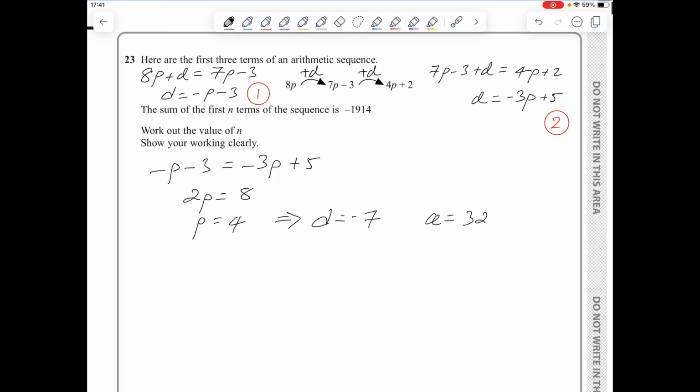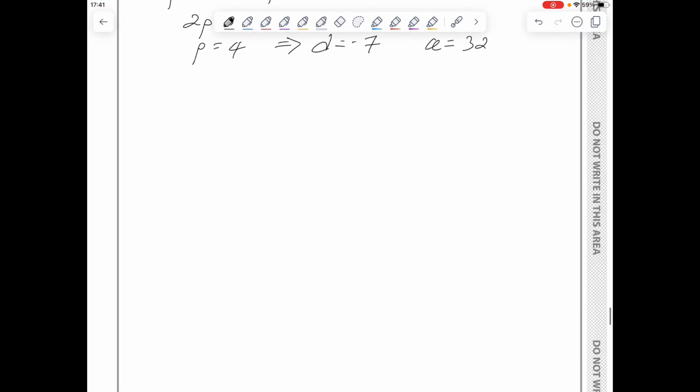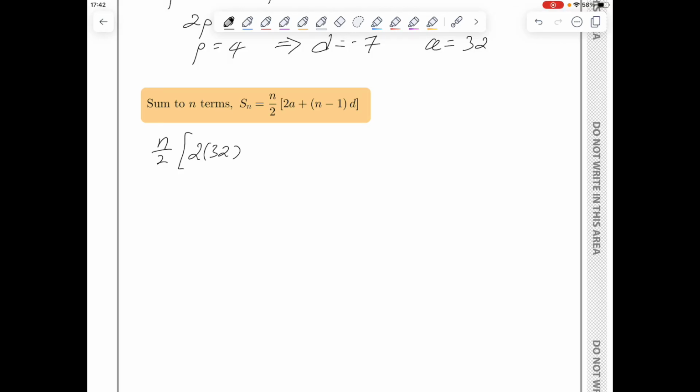So now I can use the formula for the sum of the first n terms. So n over 2 times [2 times 32 plus (n minus 1) times minus 7] must be equal to minus 1914.